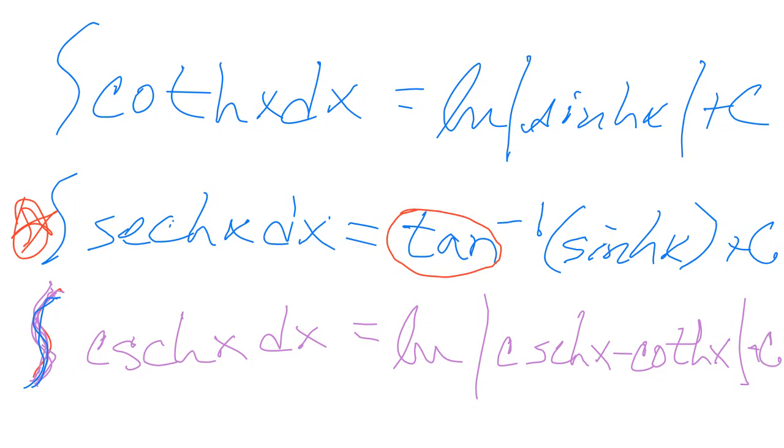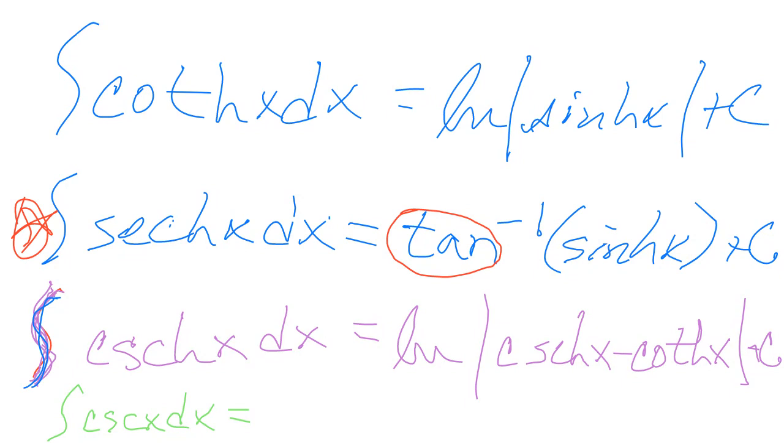Okay, now let's recall, I'll use green. What was the antiderivative of cosecant x with respect to x? Remember? You need to look it up. If you don't know where to look it up, except for a test or quiz, then you're screwed. This might be in the front or back flap too.